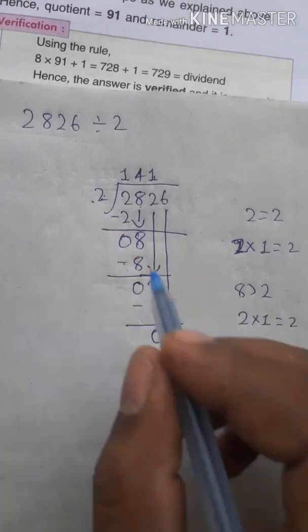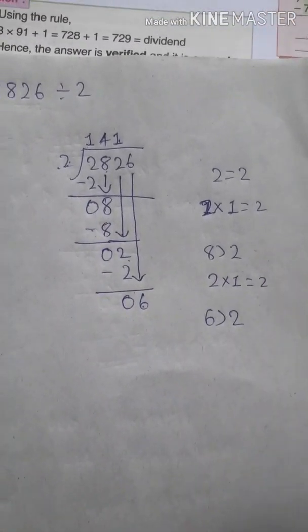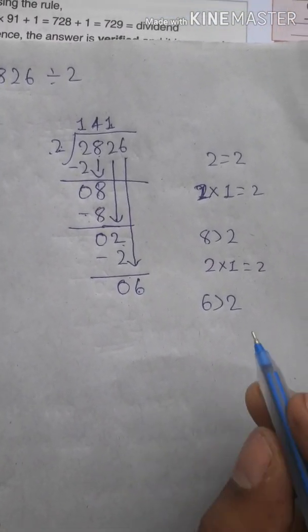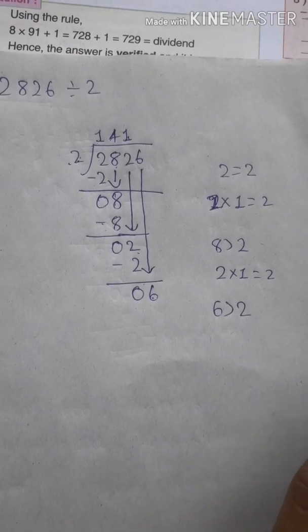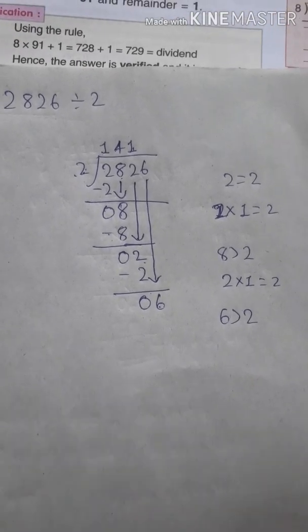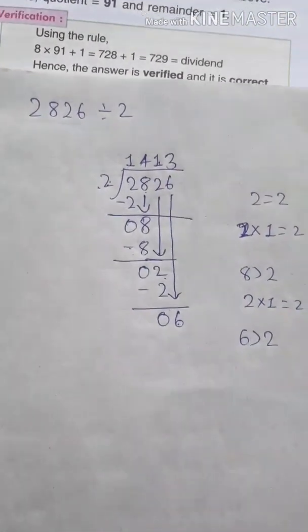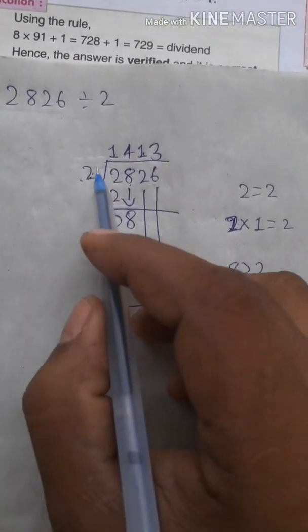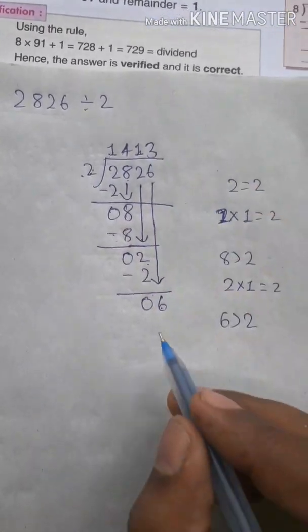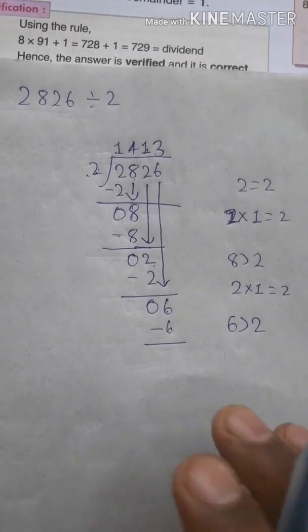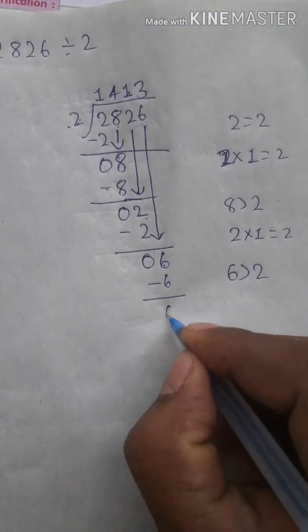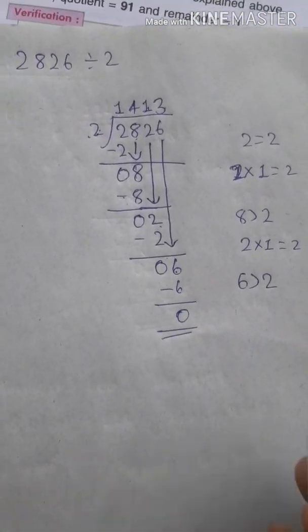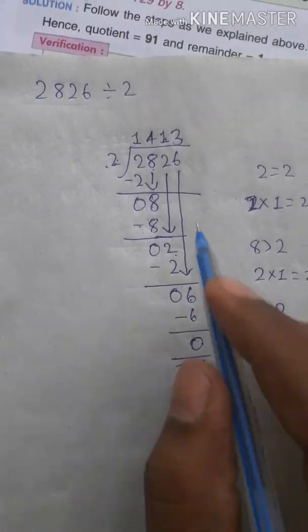Then compare. 6 is greater than 2. Then we need 2's table. 2 1s are 2. 2 2s are 4. 2 3s are 6. Then 2 into 3, 6. Then subtraction, 0. So now remainder is 0.